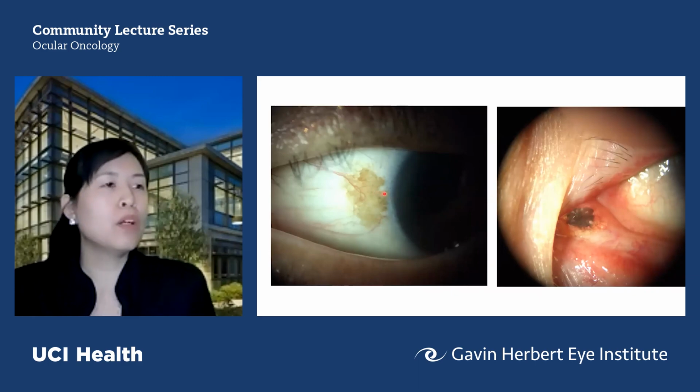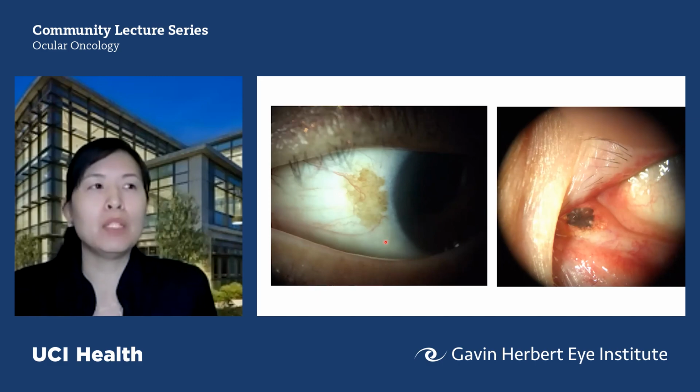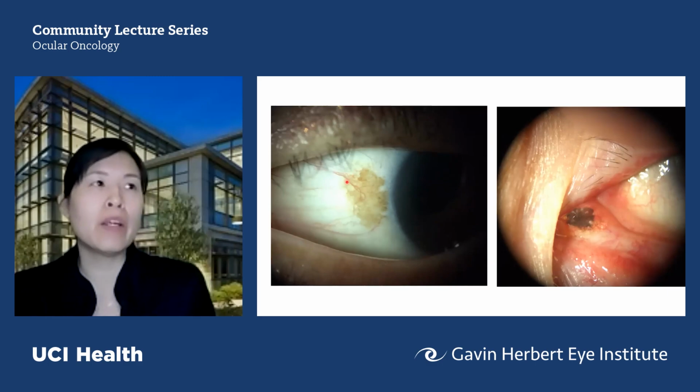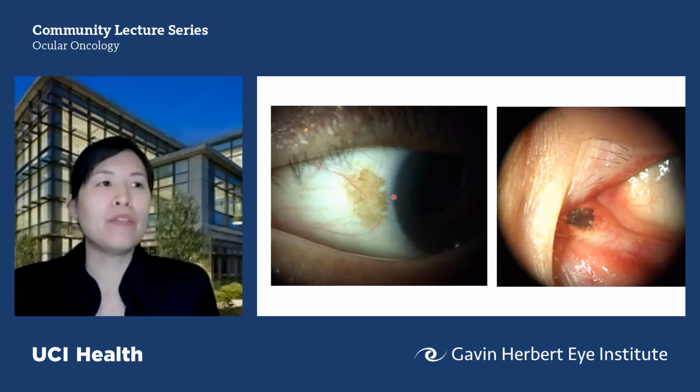And I will also add that the photo on the left is from a Vietnamese middle-aged woman. Why is that important? Well, I think that in certain races of people who have more pigment in their skin, in their hair, it is okay to have these brownish lesions. And in some cases, there's much more extensive brown pigment on the eye than even this photo.